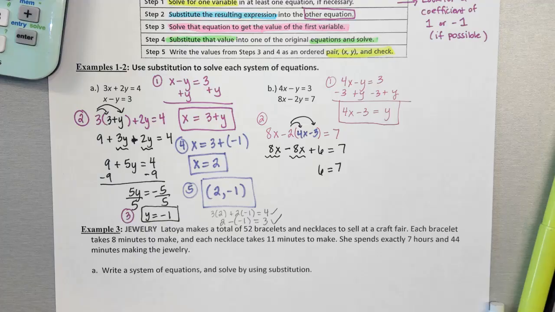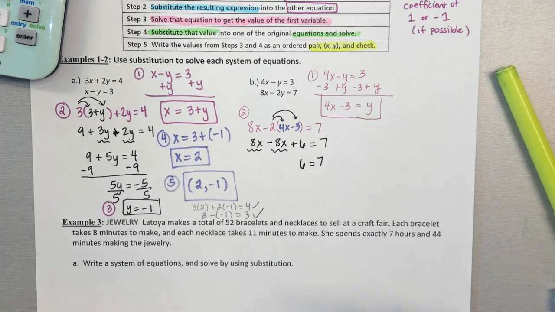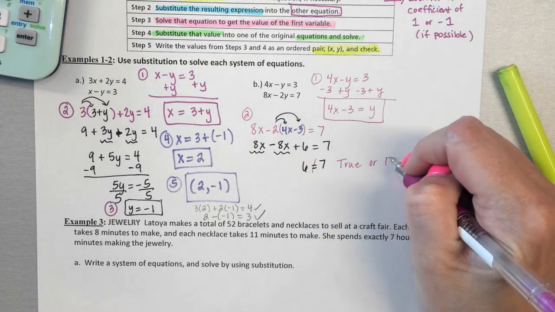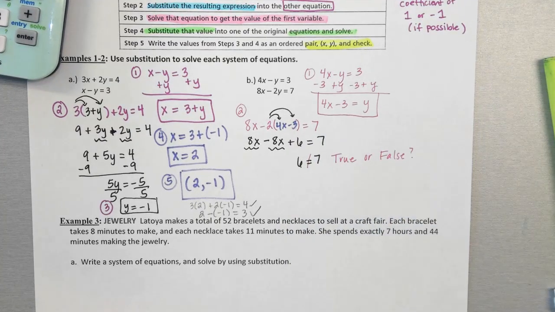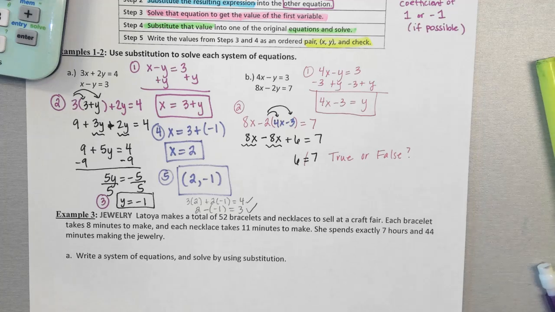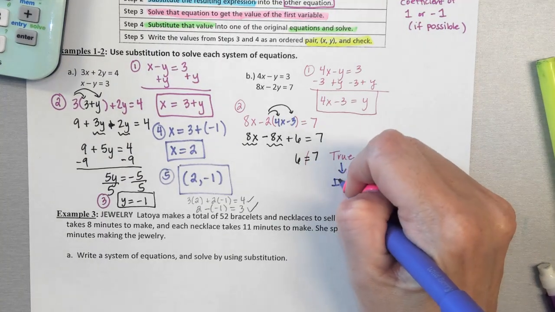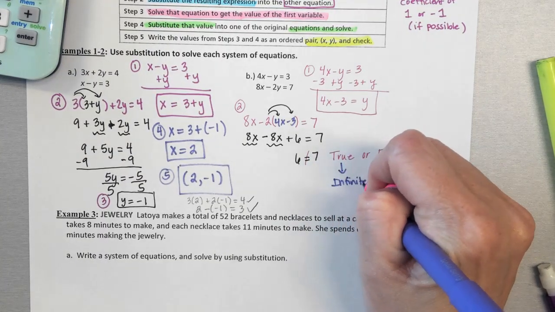And is that true or false? It is false. True or false is the question. So what this is going to tell you is if this is true, your answer would be infinitely many solutions.